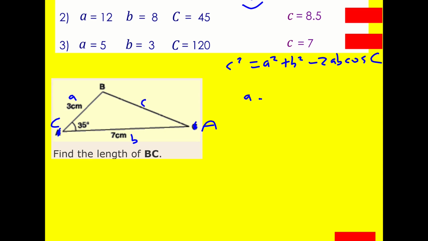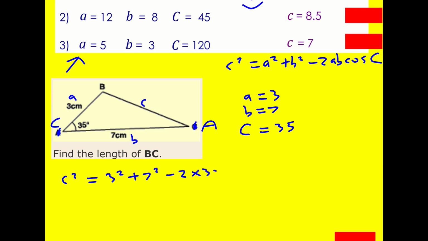I've got that a is equal to 3, b is equal to 7, and capital C is equal to 35. And once I've done that, I'm doing exactly what I did up here. c squared is going to equal 3 squared plus 7 squared minus 2 times 3 times 7.